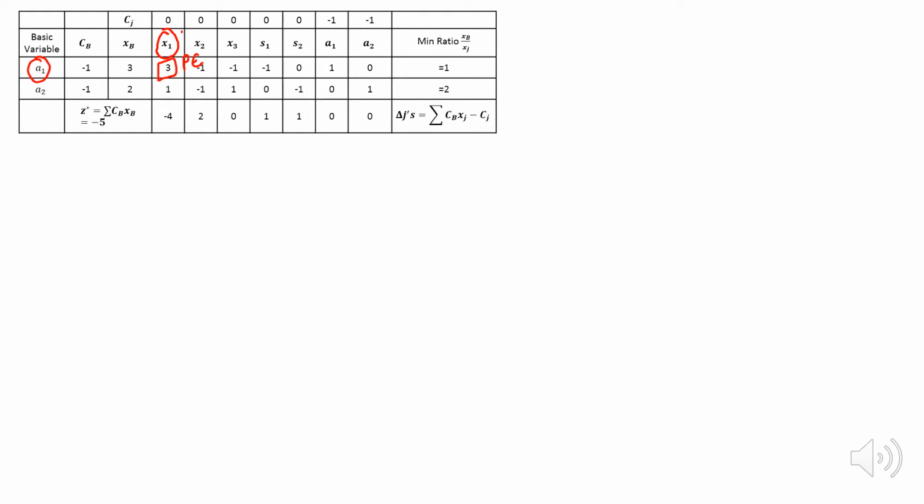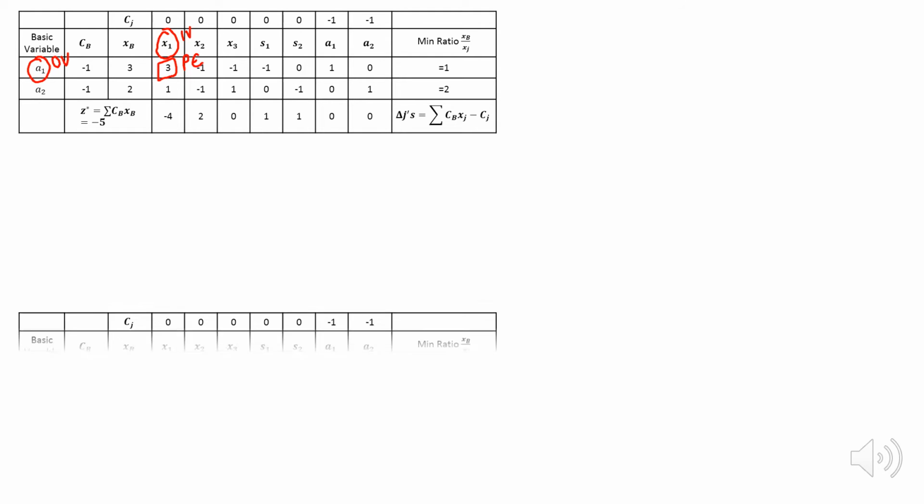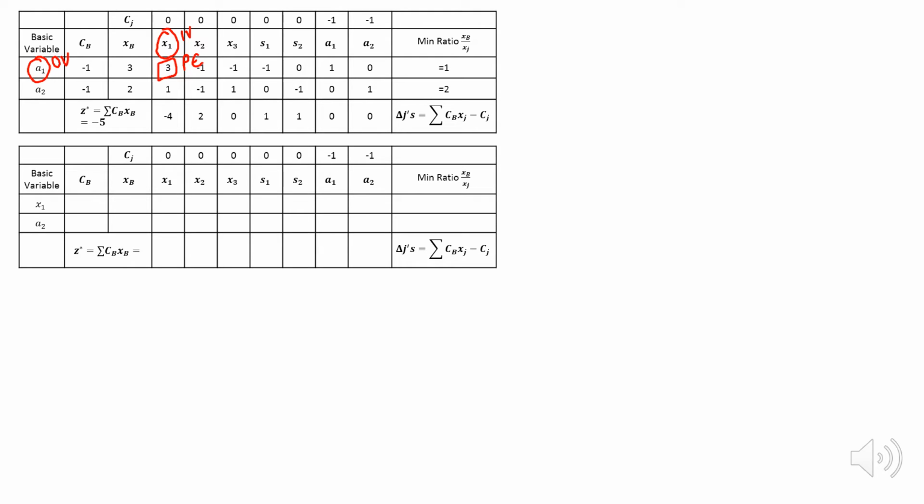Okay, so with the help of them we will update our new simplex table, where my outgoing variable is replaced with the incoming variable x1. And if you see the coefficients of x1 and a1 in my objective function, they are 0 and minus 1. Not for a1, a2, it is minus 1. After that, with the help of the pivot element, we are going to update our pivot row.